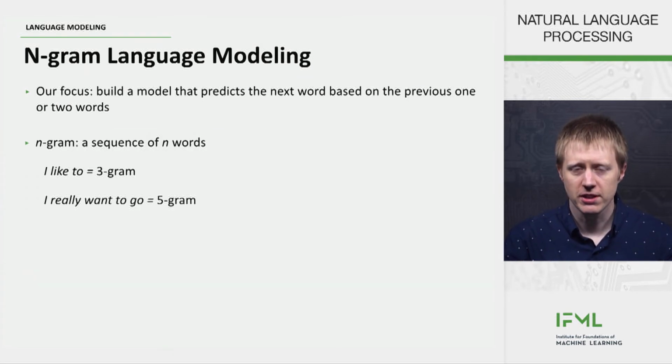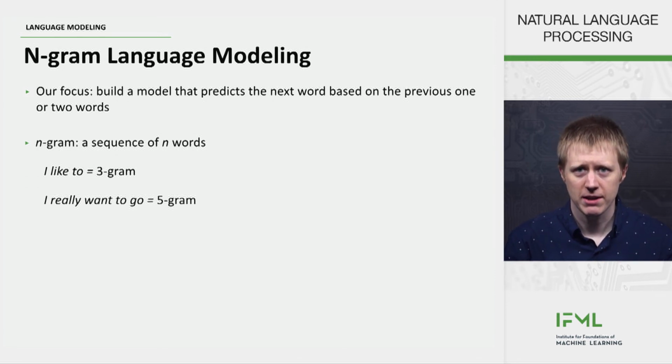So specifically, what we're going to be looking at is a form of language modeling called n-gram language modeling. An n-gram is just a fancy term for a list of n words. So "I like to," that's a 3-gram because there's 3 words in it. "I really want to go," that's a 5-gram because there's 5 words in it.